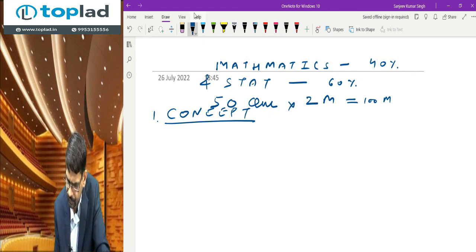And then we will discuss the MCQ part, MCQ questions. This is the pattern of this subject.